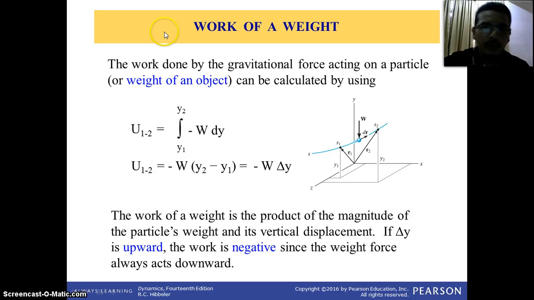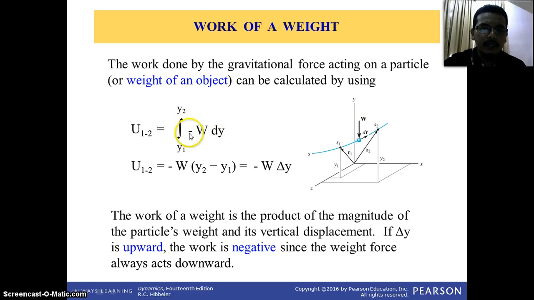Okay, work of a weight. I think you have learned this in your physics, work against gravity. This is just a little recap. The work done by the gravitational force acting on a particle, or the weight of an object, can be calculated because our positive direction is upward, while the weight acts positive downward.